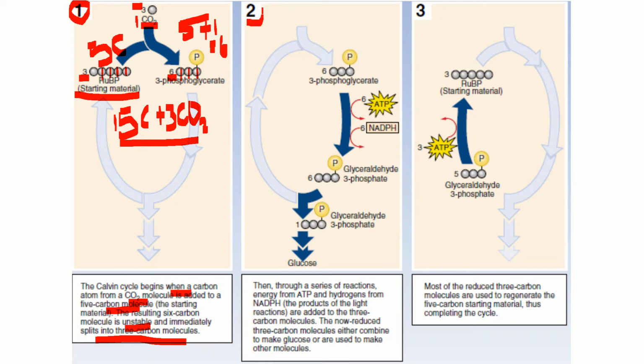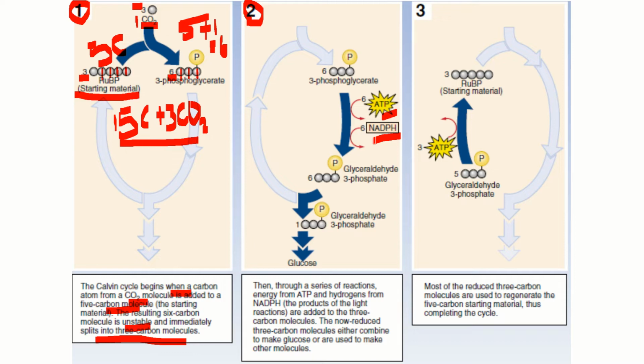In the next stage, stage number 2, 3-phosphoglycerate, which is from the previous stage, is accepting ATP and NADPH plus H plus. From where is the ATP produced? From the light reaction. And from where is the NADPH plus H plus produced? From the light reaction.